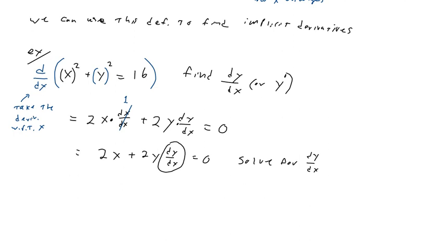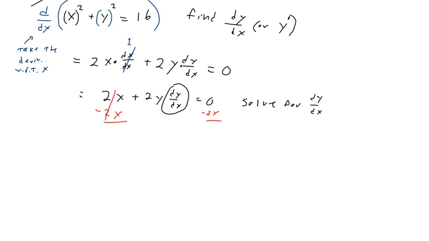This is algebra, right? I want to get this by itself, so I got to cancel all the stuff on this side, move it over to this other side. I got to move all this stuff over here and get the dy dx by itself. So I'm going to minus this 2x part, move that away. Right, just solve for dy dx. I got 2y dy dx equals negative 2x.